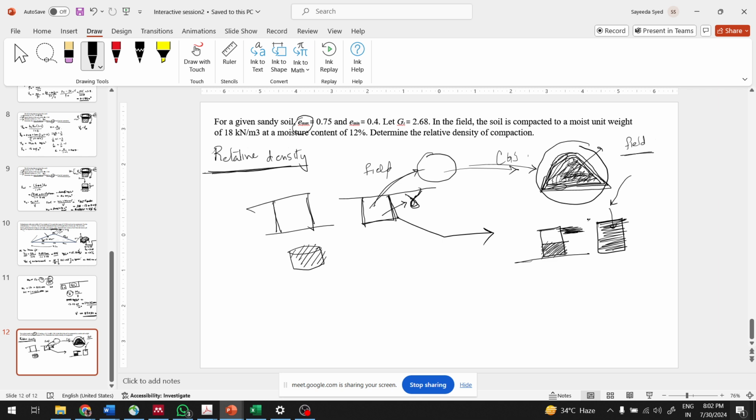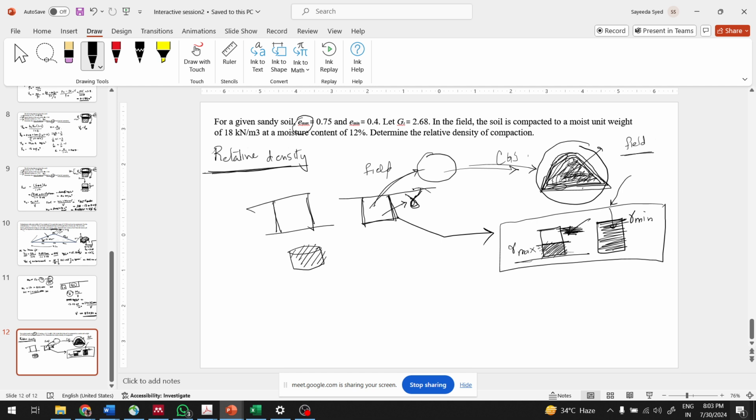And then you shake it, it will densify. So this will be its minimum density and this will be its maximum density. So these two values are characteristics for a sand. I give you a sample, you calculate these two values.